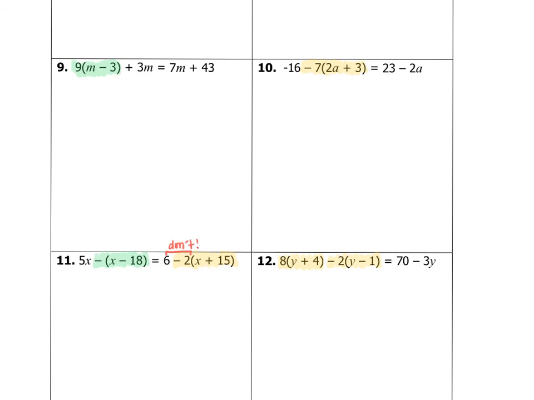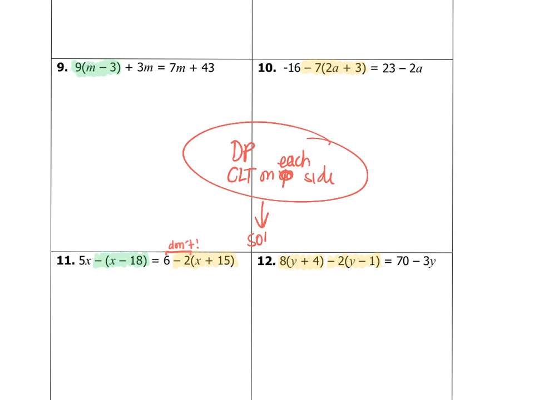So make sure that you are distributing first, if you have it, and combining like terms on each side. These things must happen first before you can start solving and zeroing out. So try your best on 9 through 12.